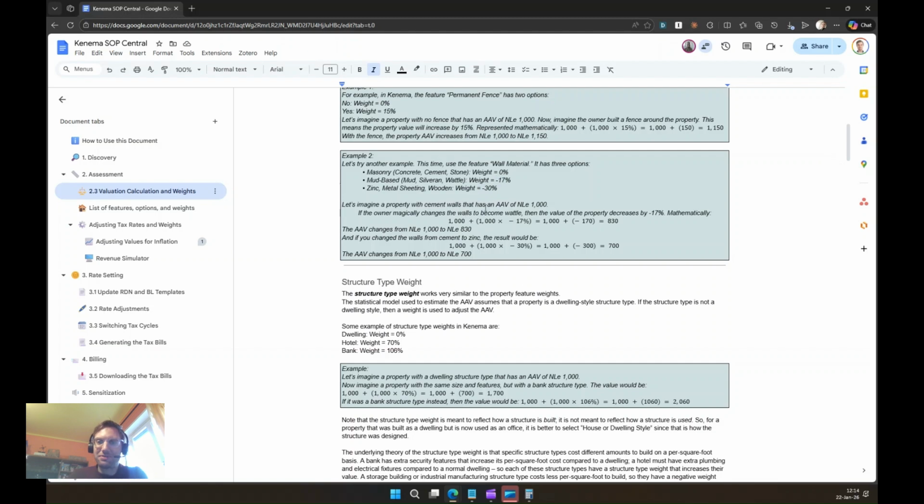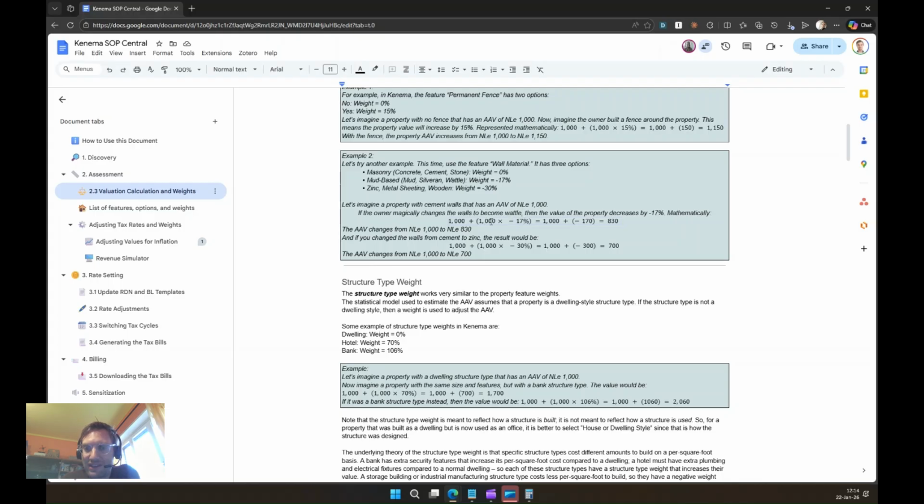Now let's imagine a property that has cement walls and has a value of 1,000. Now, if magically those walls were changed to become made out of wattle, which is mud-based, then the value of the property would decrease by 17%, negative 17. Mathematically, this is represented as 1,000 plus 1,000 times negative 17%.